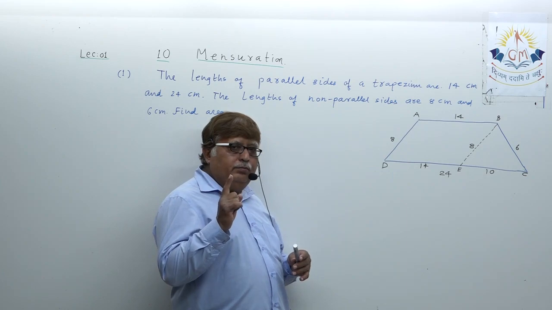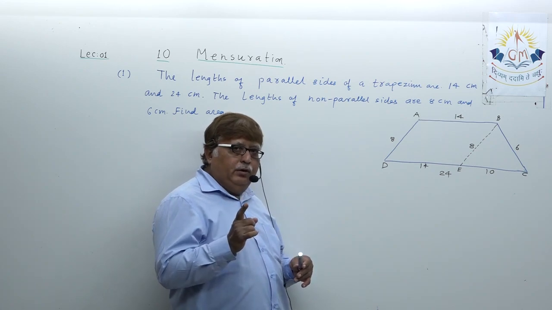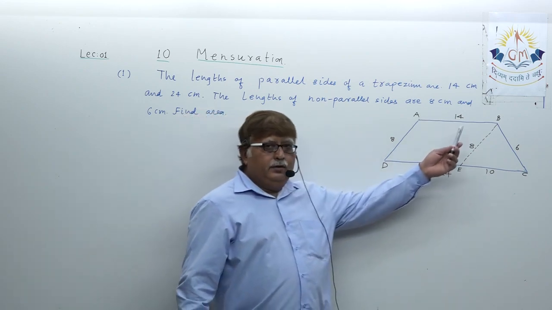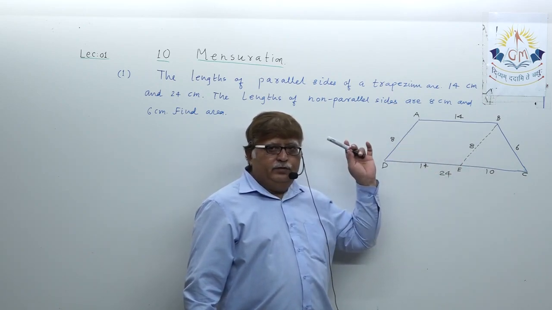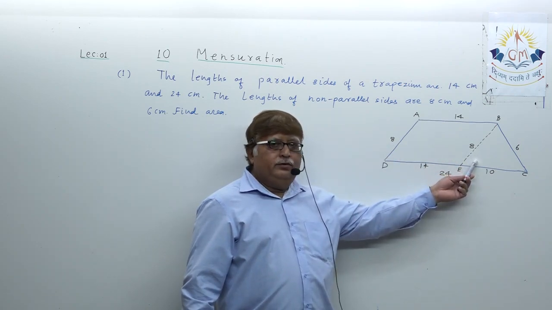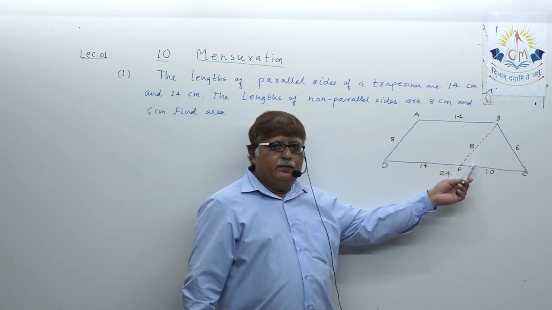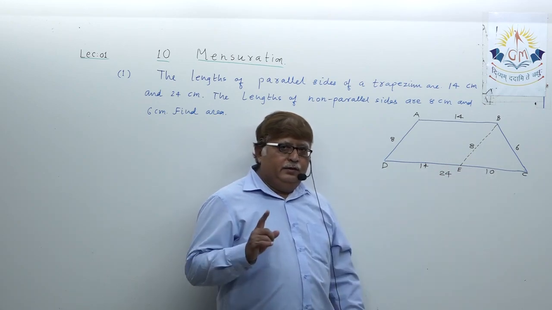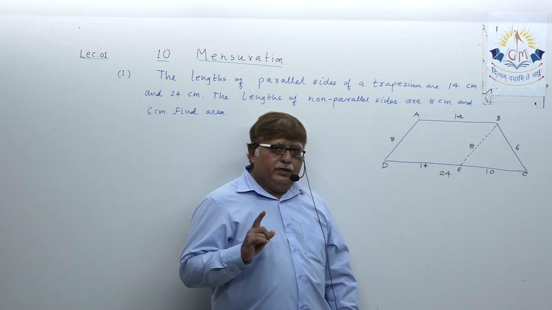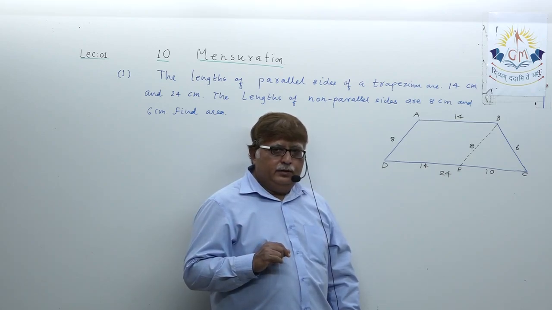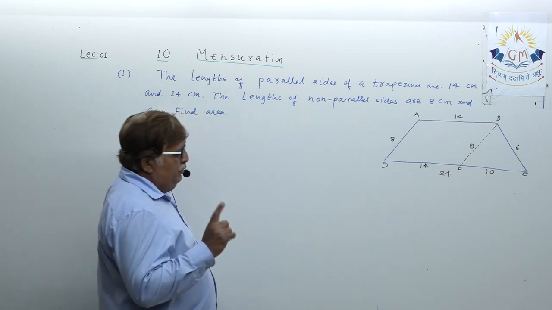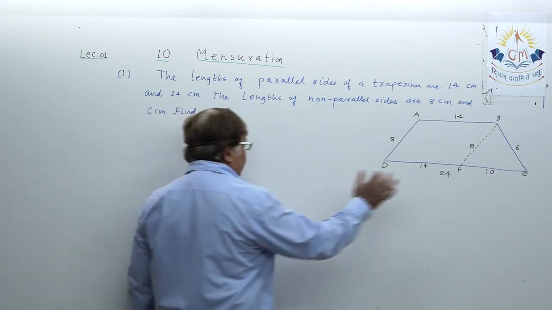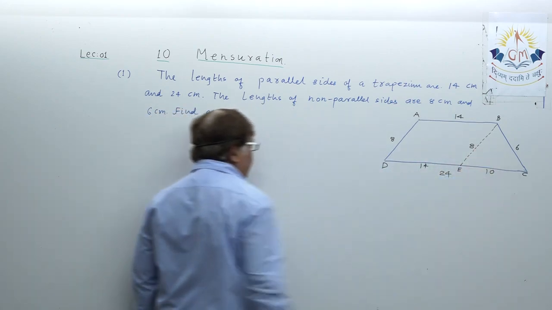Now your complete concentration has to be on triangle BEC. Forget temporarily everything. Concentrate on triangle BEC and let us try to find its area by the formula of Heron. Now, my dear student, your total concentration has to be here only.